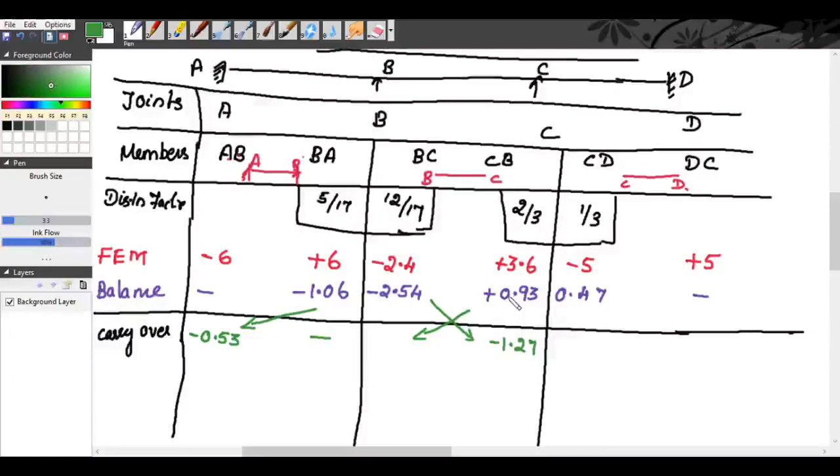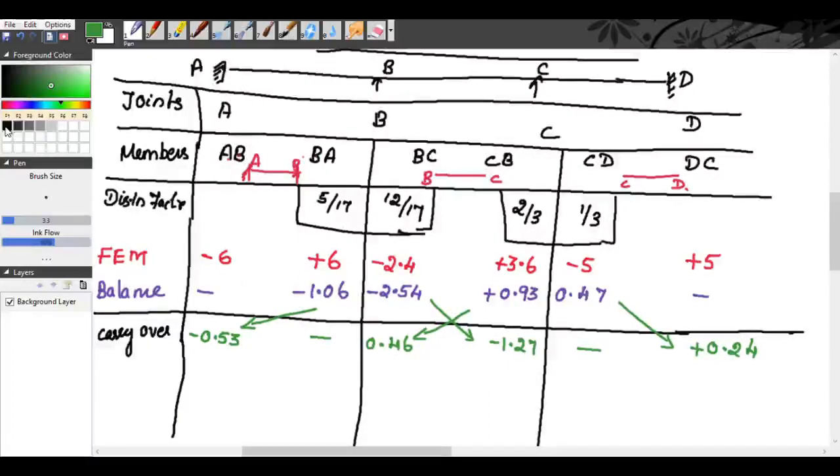Here it is plus 0.93 divided by 2, we get plus 0.46. Since this is fixed support, no load is carried over to C, but from C to D it is carried. So the load carried will be 0.47 divided by 2, it is 0.24.